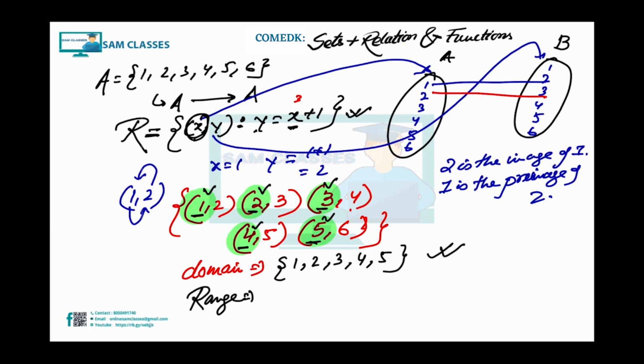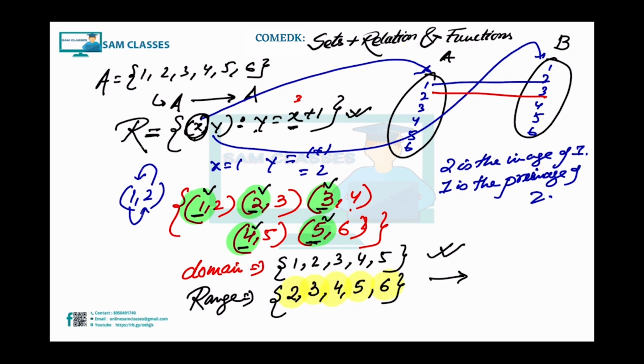The moment we put in the domain, the corresponding values that we get, for 1 we get 2, for 2 we get 3, for 3 we get 4, for 4 we get 5, and for 5 we get 6. These values are known as the range. So for the given input, whatever output you generate, that is known as the range.